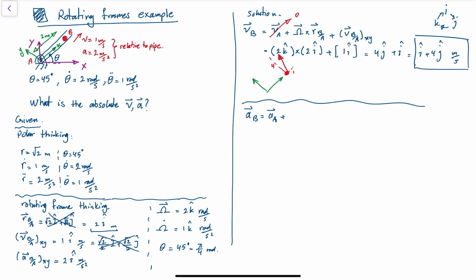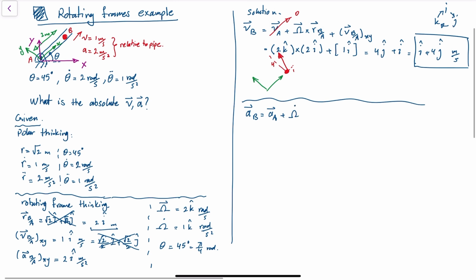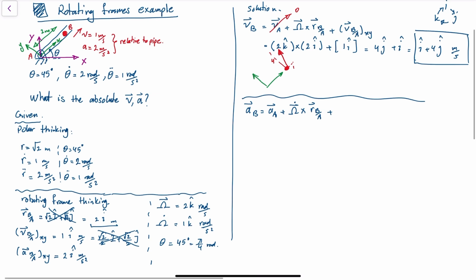The first one is related to the angular acceleration of the rotating frame, R of B relative to A, alpha cross R. Plus you have the centripetal term, omega cross omega cross R, which is R omega squared.